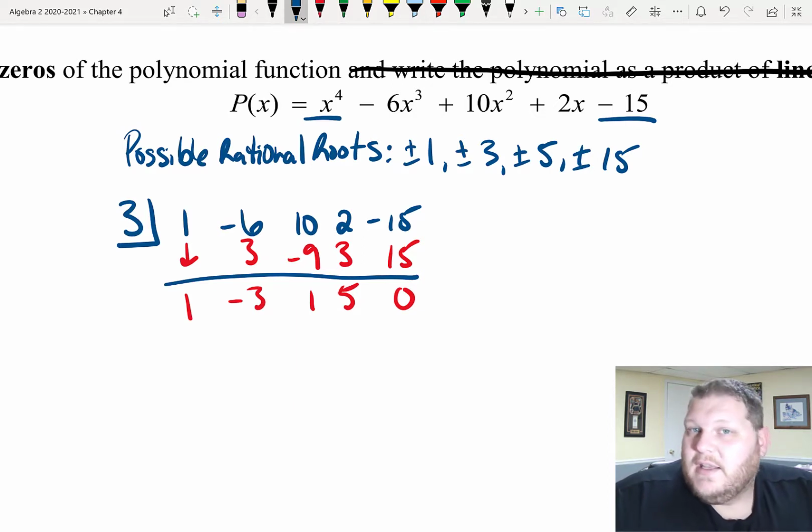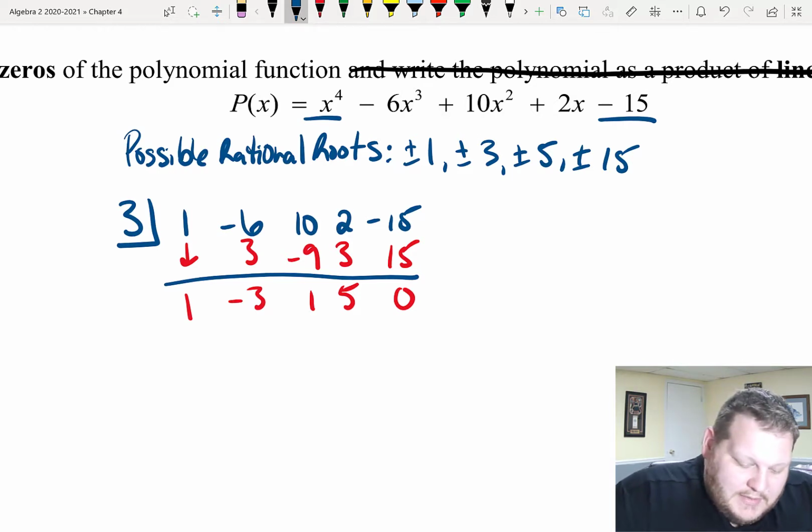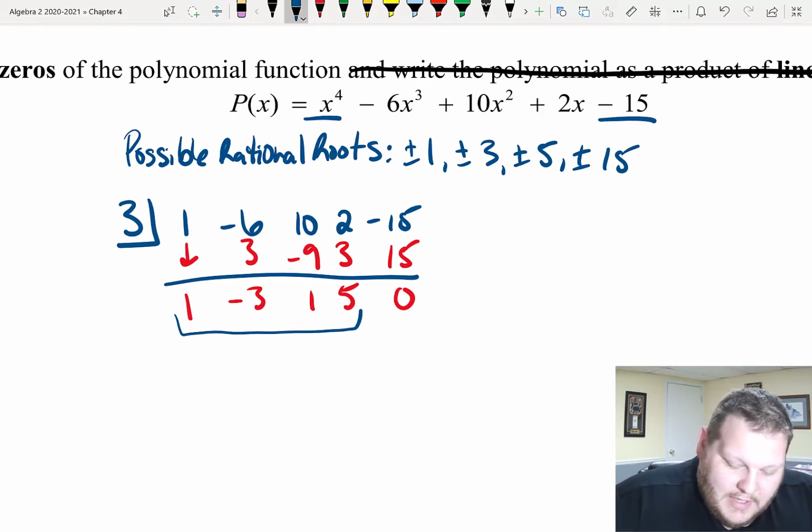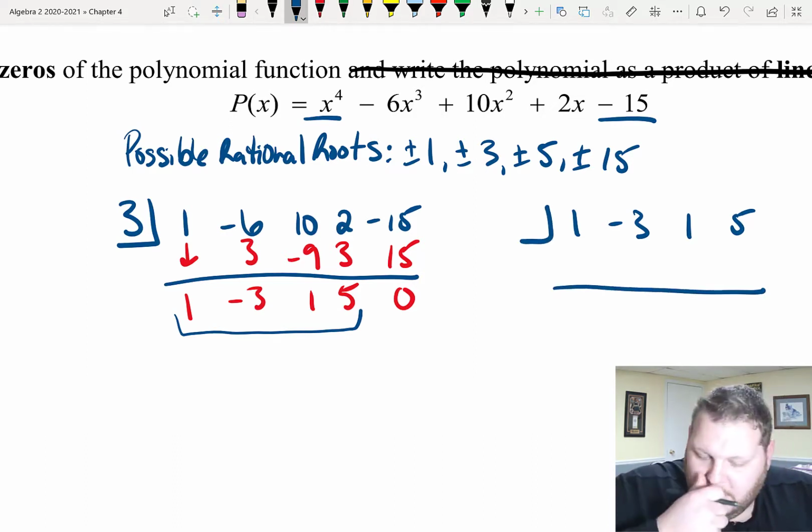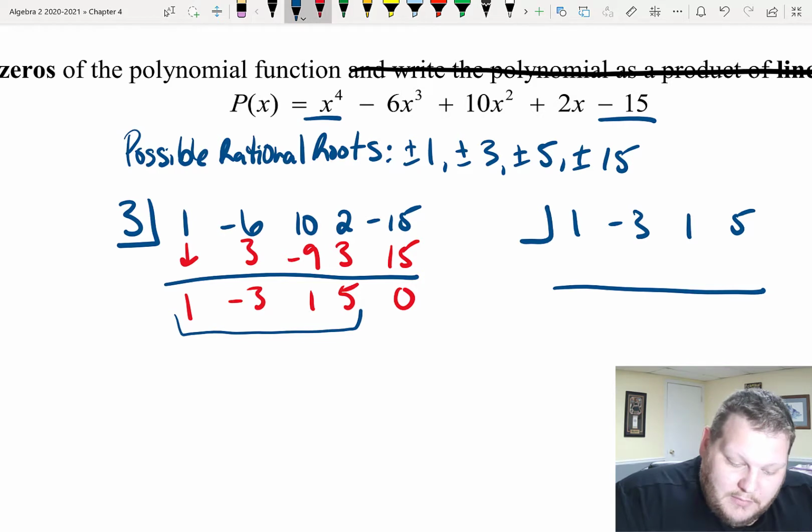But I'm still not comfortable saying we could factor that using factor by grouping, because it's still a 4-term polynomial. So I'm going to do synthetic division again with 1, negative 3, 1, and 5, and check it with some factor. We already checked positive 3, so that's off my list.